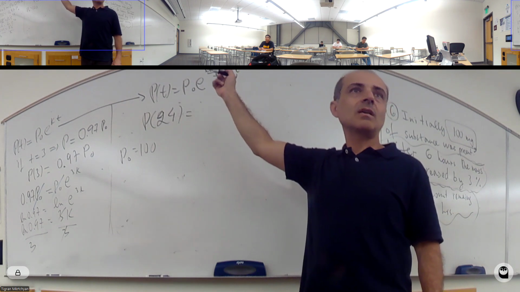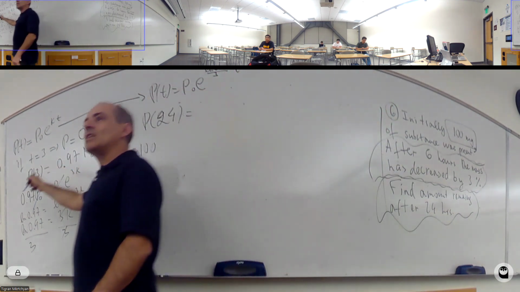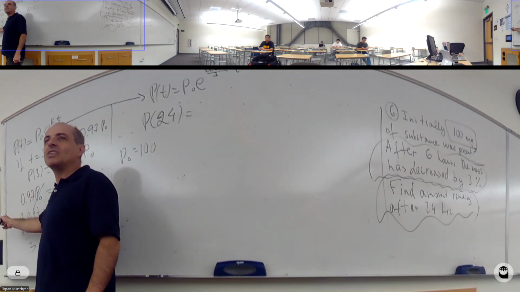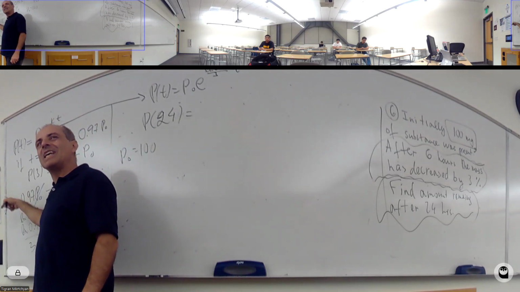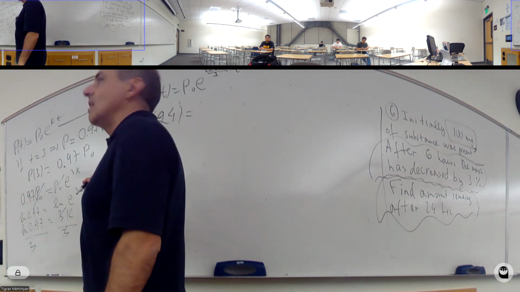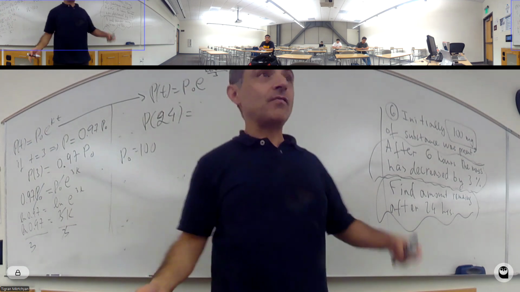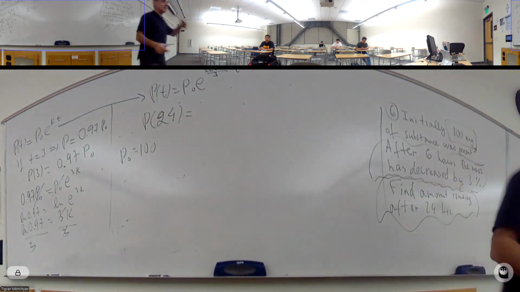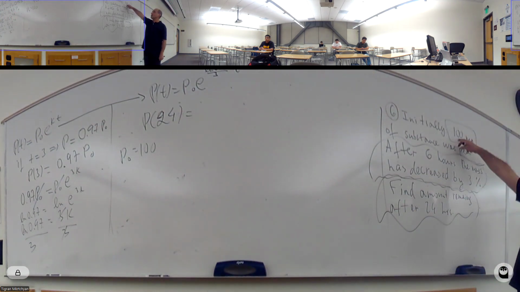Does that make sense? I could also have plugged in here, but I didn't realize I had that, so here it didn't play a role. If I realized the initial population is given, I could have made your life a little easier.